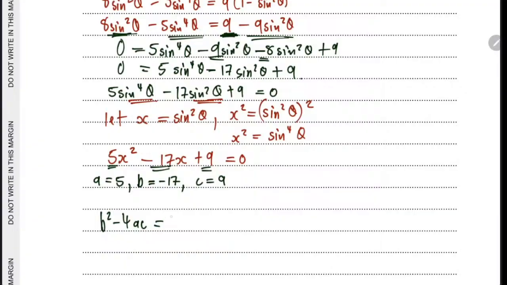So it's negative 17 all squared minus, in brackets, 4 by 5 by 9, which is, what is the answer there? 109. Oh, good. So that means the solution is there. If this comes out as negative, you say there are no solutions, okay?